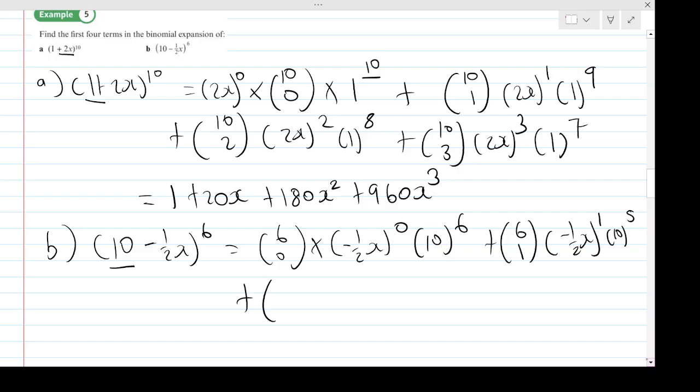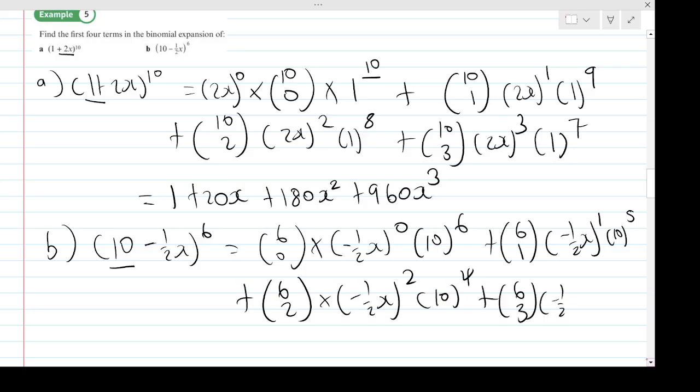Then the next term would be 6 choose 2 times the minus a half x to the power 2, then the corresponding 10 would have a power of 4. Then this next term, 6 choose 3, then the minus a half x would be a power 3, then the 10 would have a power 3, okay, and that's 4 terms there.